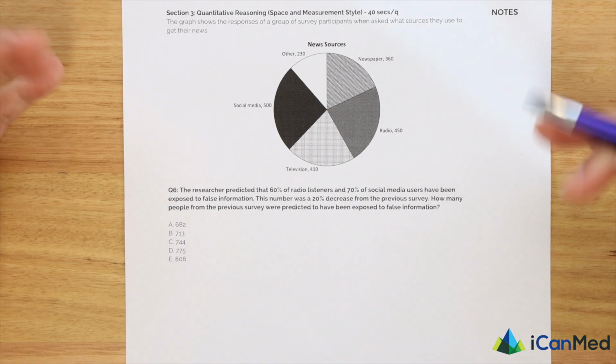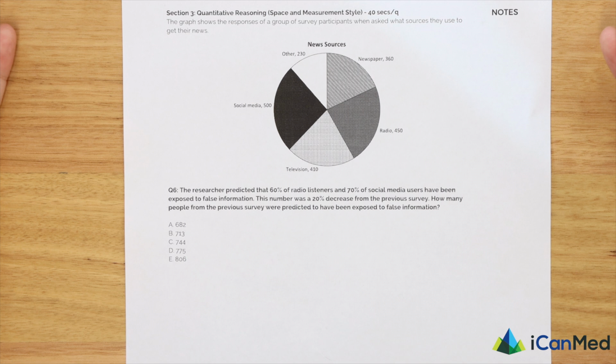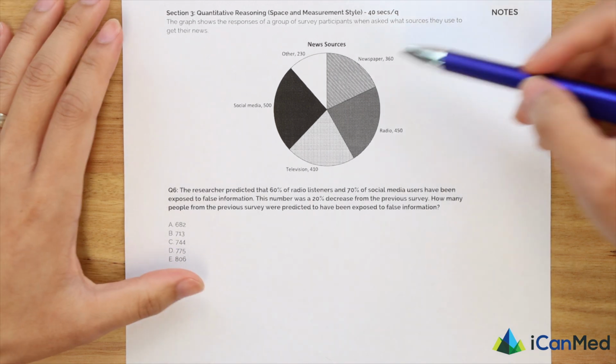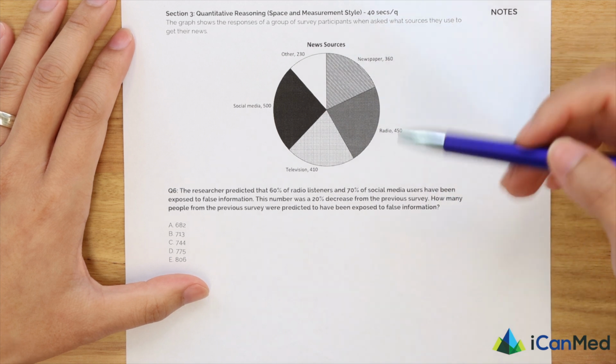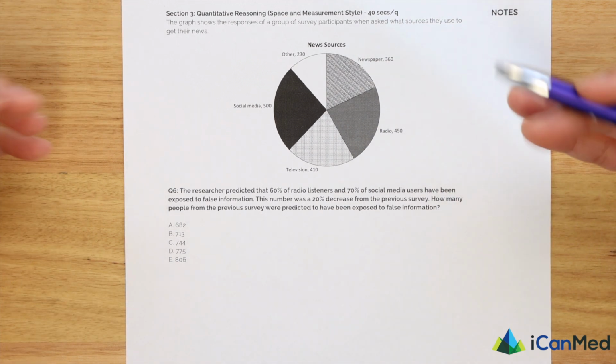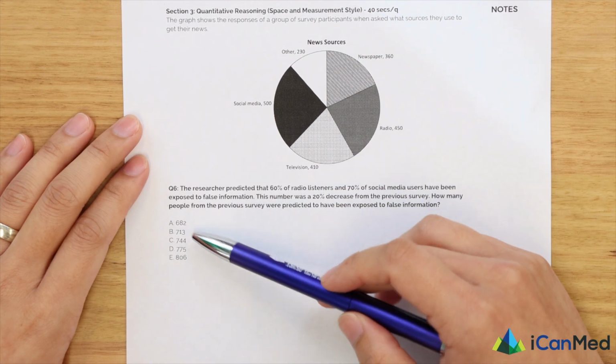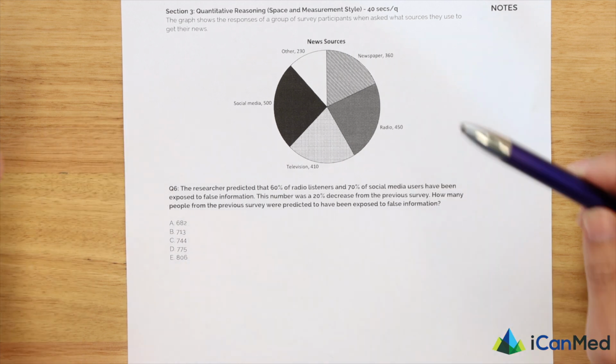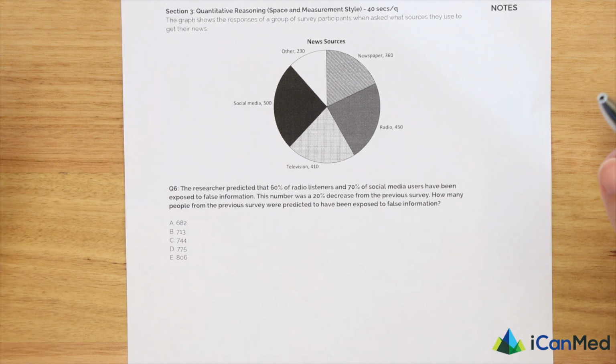Now, as you can see here, this is a standard quantitative reasoning question. There's a premise at the top, and sometimes there's a diagram, sometimes there's no diagram. And here we have 5 multiple choice answers. Normally in other sections, it's only 4 multiple choice answers, or sometimes there's even only 3 multiple choice answers.